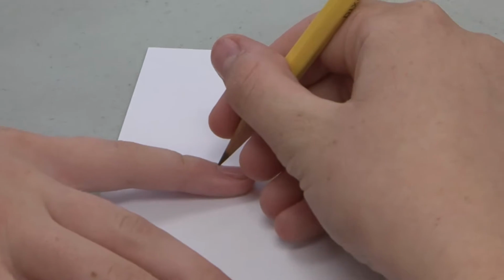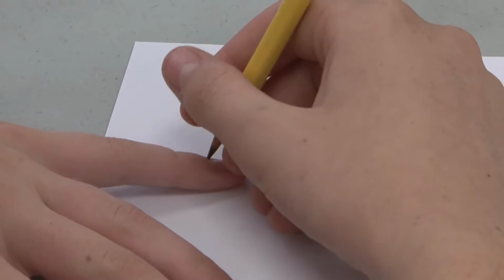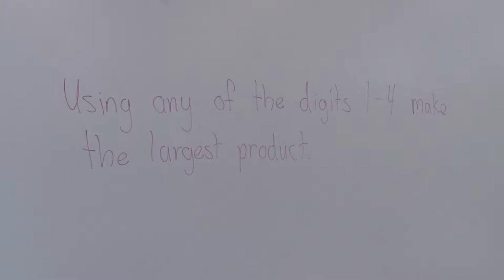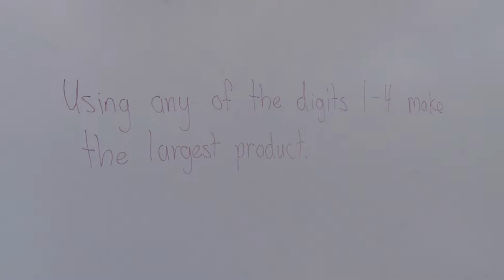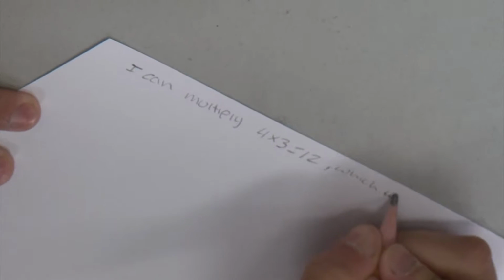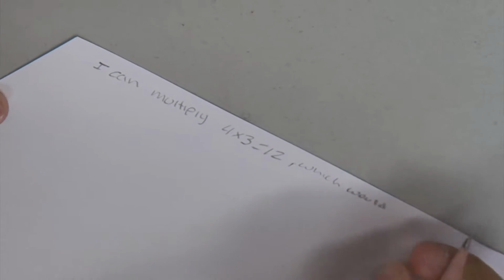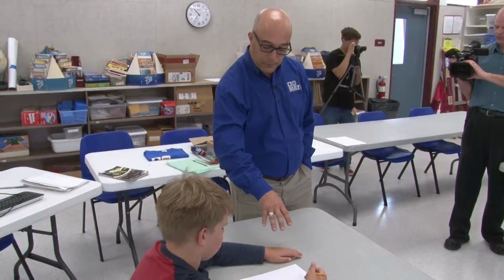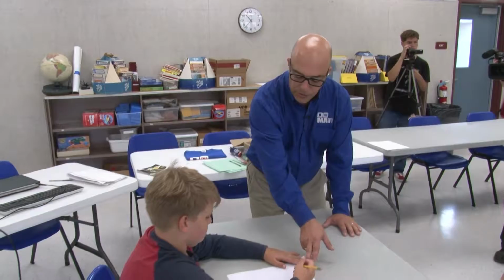You can only use the numbers 1, 2, 3, 4, and each number can only be used once. So you want to go, okay, so you can, but now you're only using 2 numbers.